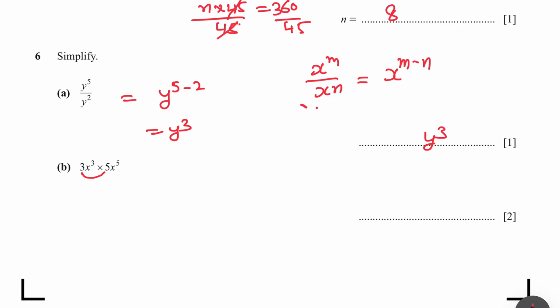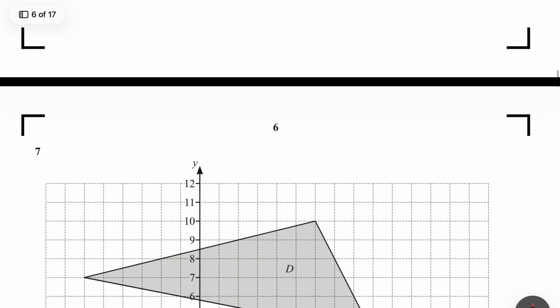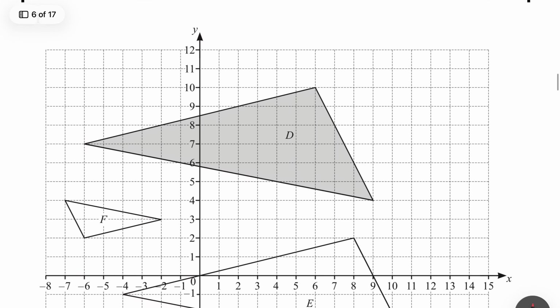Now for the next one, we will multiply the numbers first. 3 times 5 is 15. Now we are using x^m times x^n equals x^(m+n). So this is x, 5 plus 3, it's 8. If you have any confusion about the laws of indices, I have made a full lesson on that. Please go and check out the channel playlist, and you can find it.